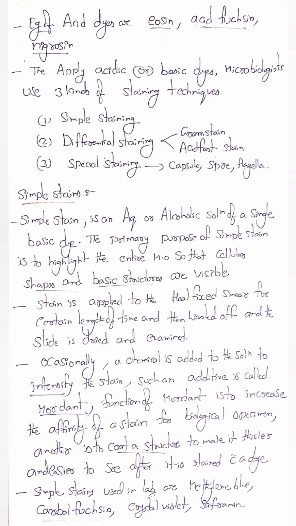Occasionally a chemical is added to the solution to intensify the stain; such an additive is called a mordant. The function of a mordant is to increase the affinity of a stain for the biological specimen, or to coat a structure to make it thicker and easier to see after it is stained with a dye. Simple stains used in the laboratory are methylene blue, carbol fuchsin, crystal violet, and safranin.